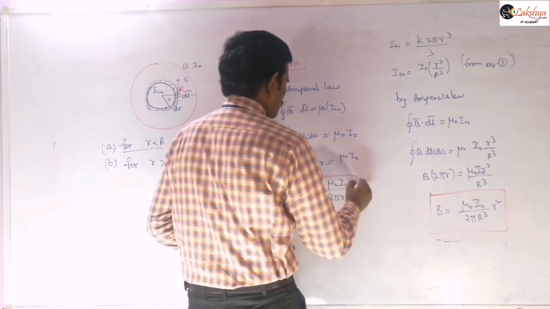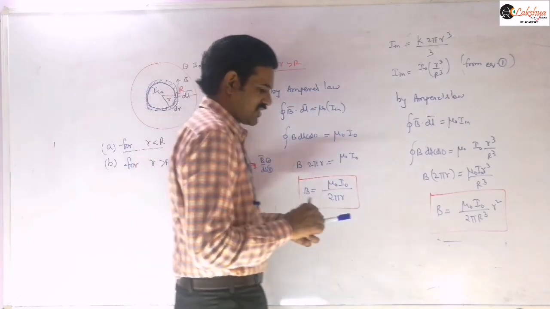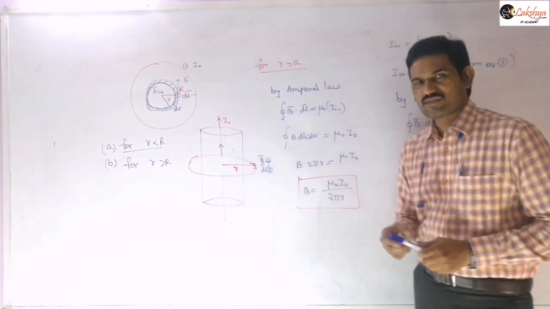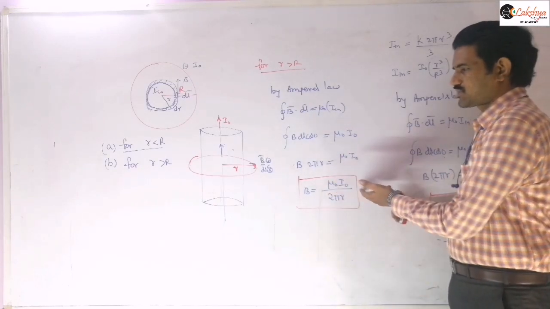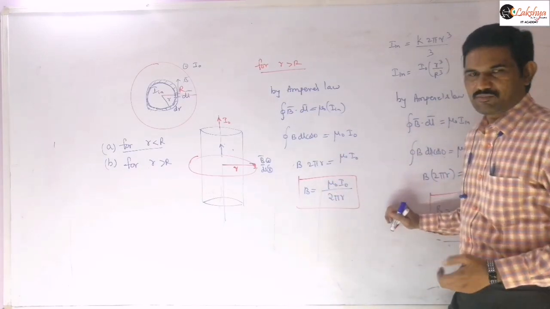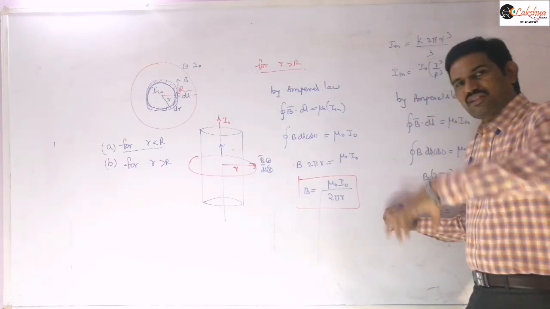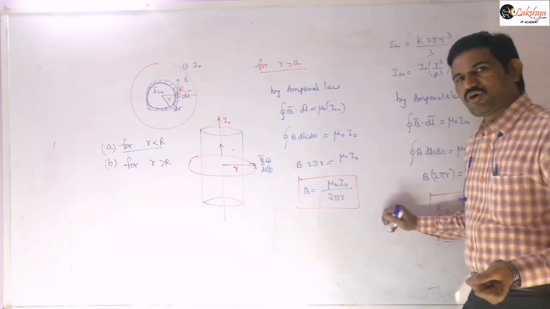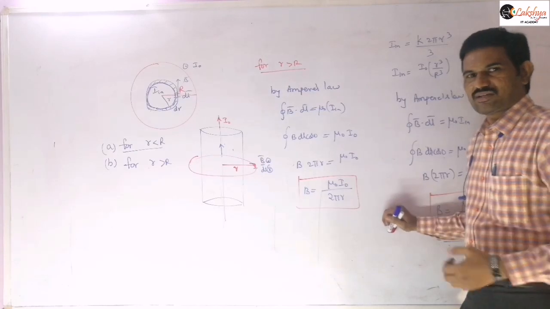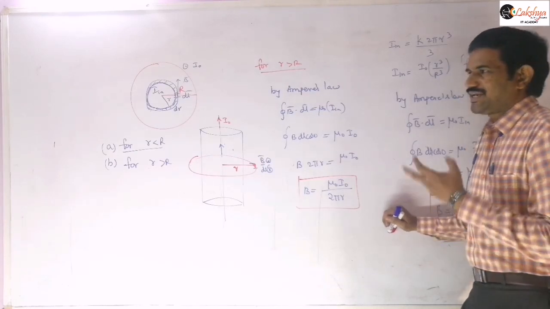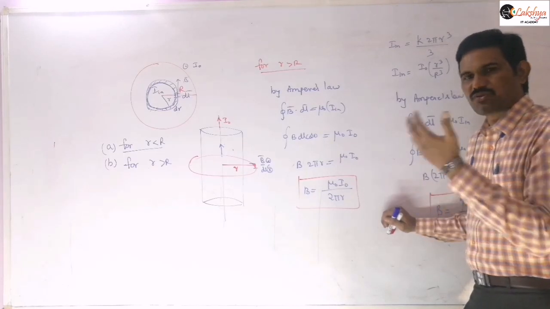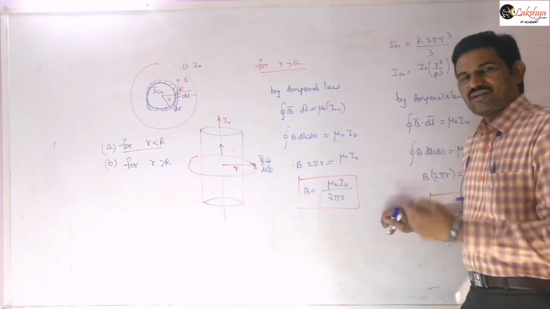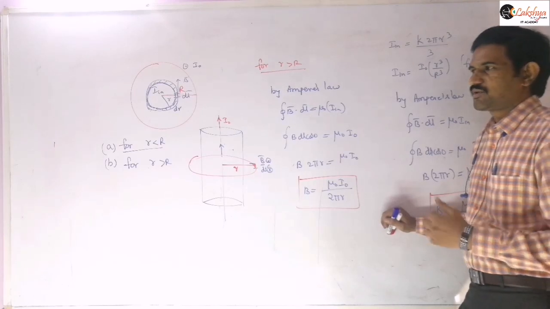Even if the current distribution is uniform, the magnetic field outside that conductor is mu naught I by 2 pi r only. Even if the current distribution is variable, for external points you will get the same expression. But for internal points it will be different. For internal points the values depend on whether the current is uniform or non-uniform.